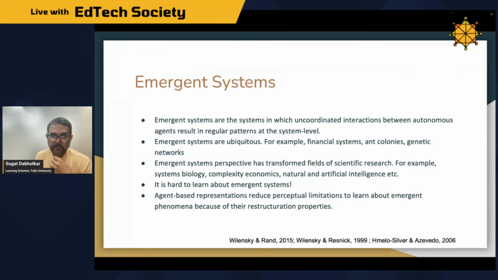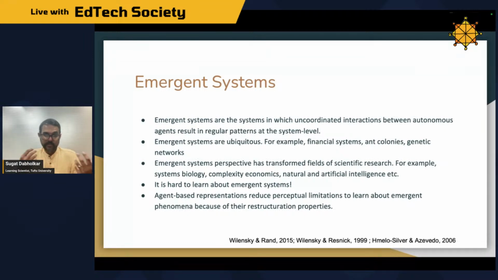And this emergent systems perspective has transformed fields of scientific research, for example systems biology, complexity economics, natural and artificial intelligence, so neuroscience and AI, etc. Even self-driving cars, where some interesting agent-based models are being used in various forms. Research in the learning sciences over the last 30-40 years has established that it is hard to learn about emergent systems.